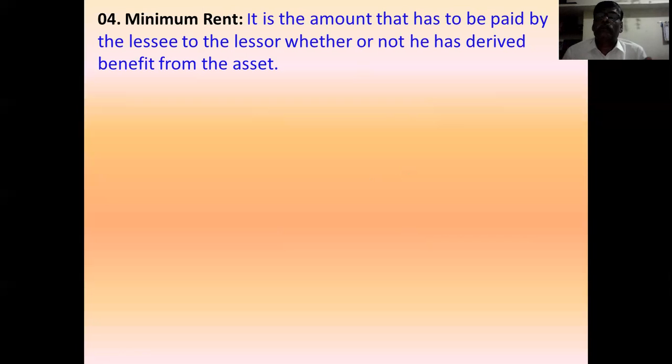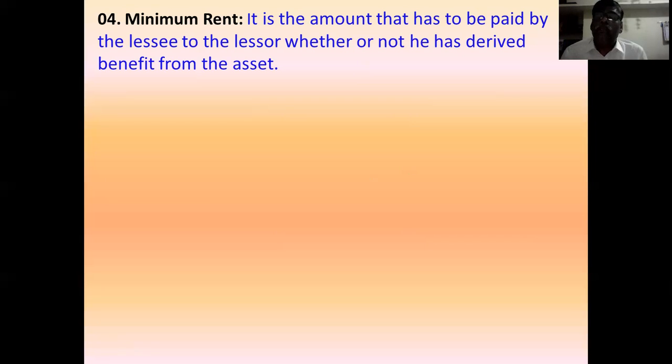For example, the land of a landlord. The mining company took the land and did not raise minerals from the bowels of the earth for some years, then there is a loss to the landlord.